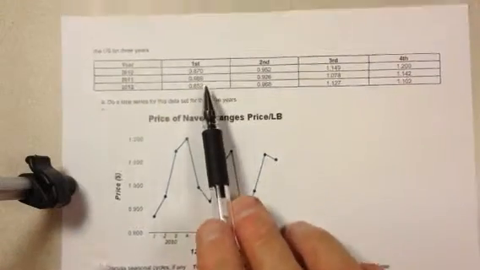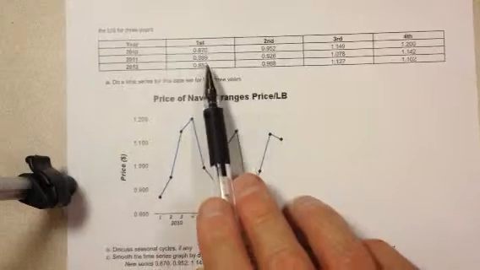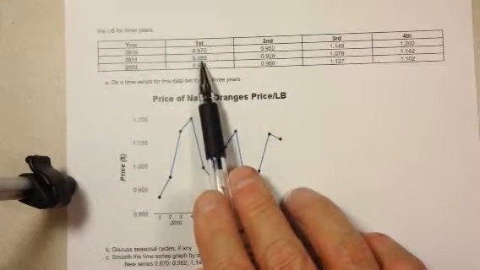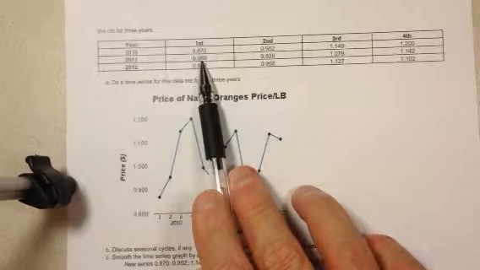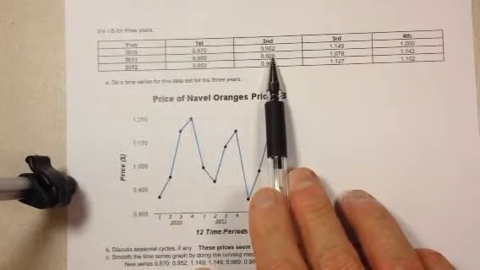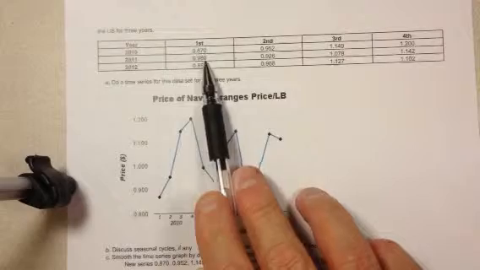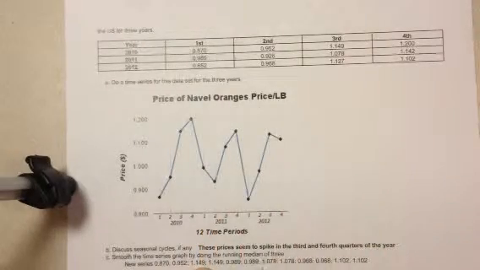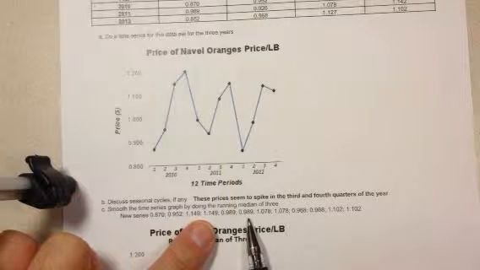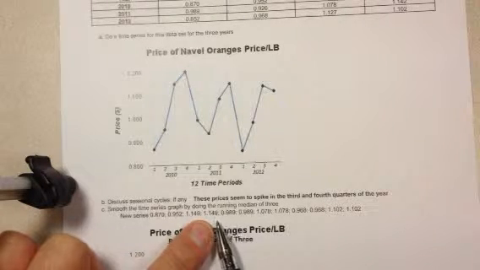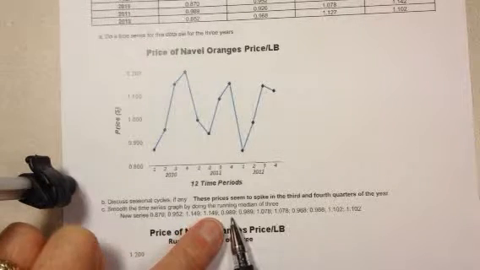Then we're going to go through the next three data points, this one, this one, and this one. Again, this is one score, this is a lower score, this is the highest score, so the middle score is 0.989. So we notice down here when we report the running median of 3, this becomes 0.989.